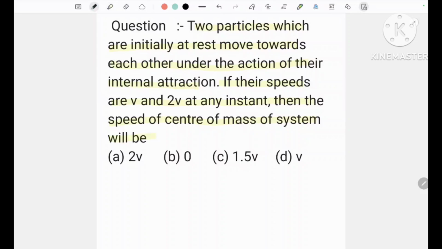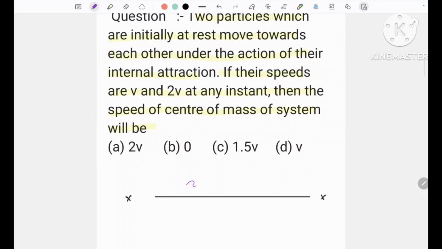Suppose both particles are on the x-axis. This is the x-axis. One particle is A and the second particle is B. A has mass m1 and B has mass m2.